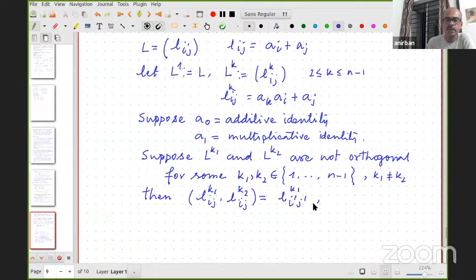Suppose this happens, that i prime, j prime, just putting primes, with k2.